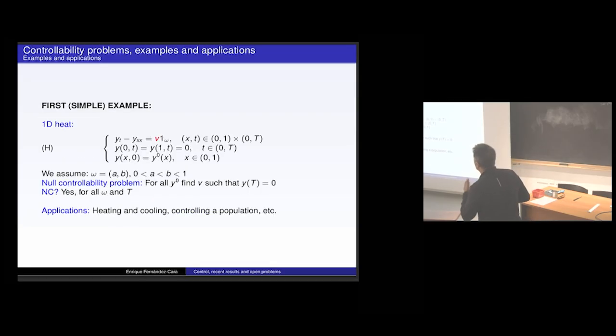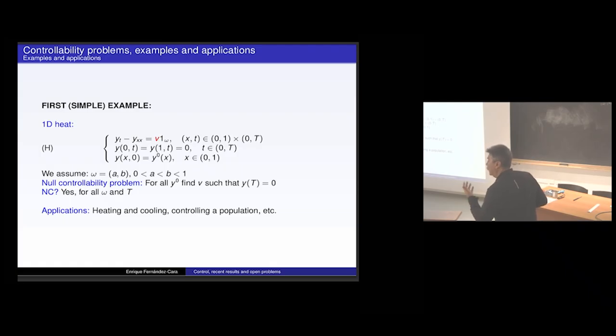Okay, a first simple example is this one. I have the very simple one-dimensional heat equation with the control on the right-hand side. X moves in the interval (0,1), and little omega is another interval (a,b). We try to find v such that y at capital T is equal to 0, a null controllability problem.